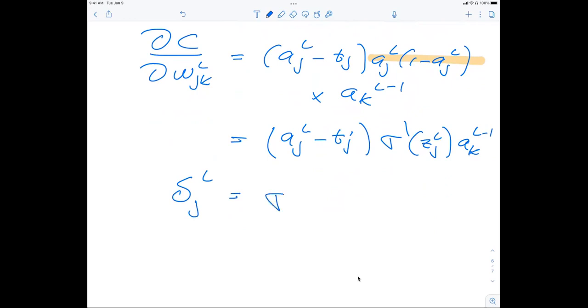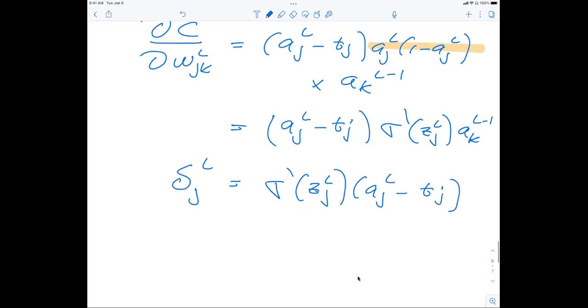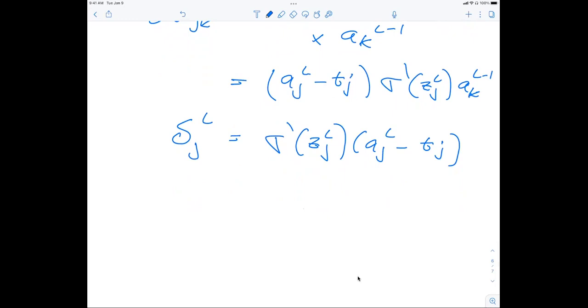So this is going to be given by sigma derivative of Cj of L, multiplied with aj of L minus tj, which actually is nothing but the activation function derivative with respect to the specific node, multiplied with the derivative of the cost function with respect to the output from the last layer.